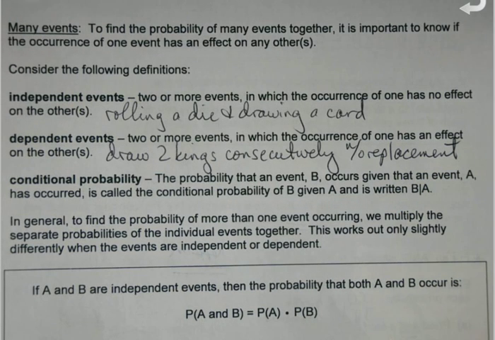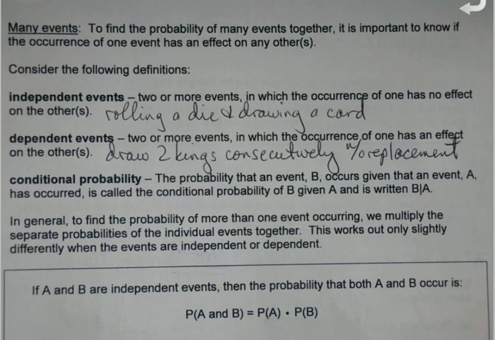Well, if I draw the first king, not only are there fewer kings in the deck now, there's also fewer cards. So that first draw had an effect on the probability of me having the second event occur. Direct connection. So cards is one where we'll see this a lot. Or sometimes if you're drawing items out of a bag and you take that first item out and you don't put it back in. Okay, that would make it dependent on what we were doing.